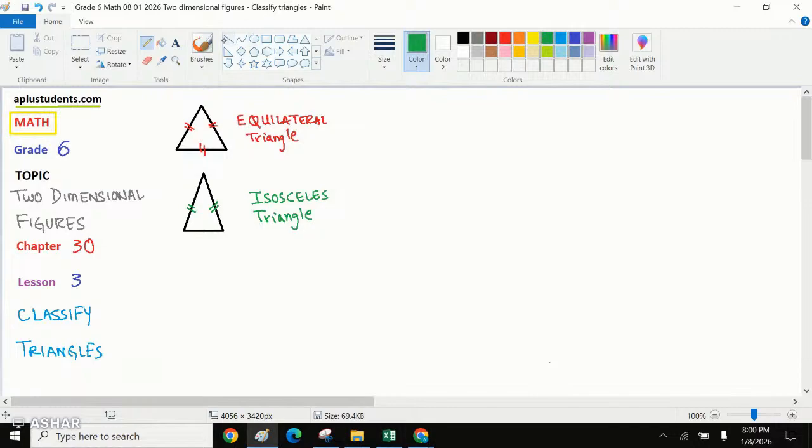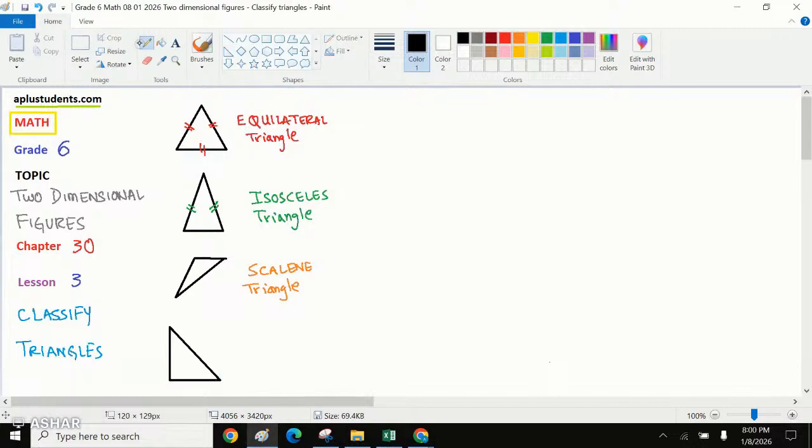And if none of the sides are same, that means all sides have a different length, then this triangle is known as scalene. Okay, scalene triangle. There is one more type of triangle that we need to keep in mind, that is a right angle triangle.